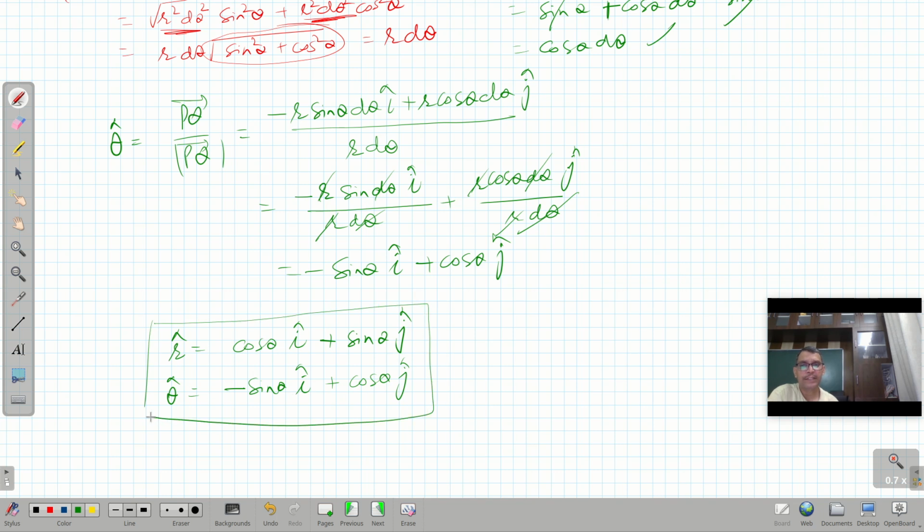A very interesting way to remember this: if I remember r equals cos theta I cap plus sine theta j cap, and I take the derivative, the derivative of cos theta is minus sine theta, and the derivative of sine is cos theta. So that is equivalent to theta cap, meaning it is d by d theta of each term. So this is another simple way to remember the relationship between these two, right?